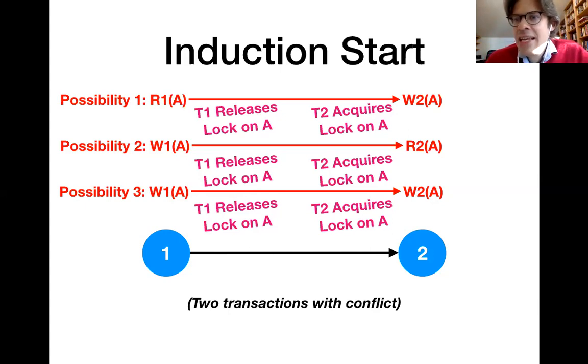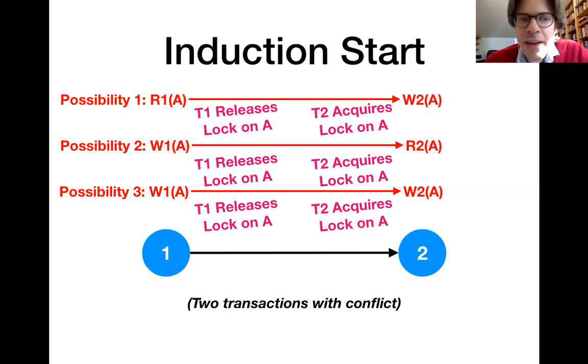Transaction 2 needs a write lock, an exclusive lock, in order to write something to object A. Now, an exclusive lock and the read lock are mutually exclusive. So in order to grant an exclusive lock on object A to transaction 2, the lock manager first needs to get back the read lock for object A from transaction number 1.